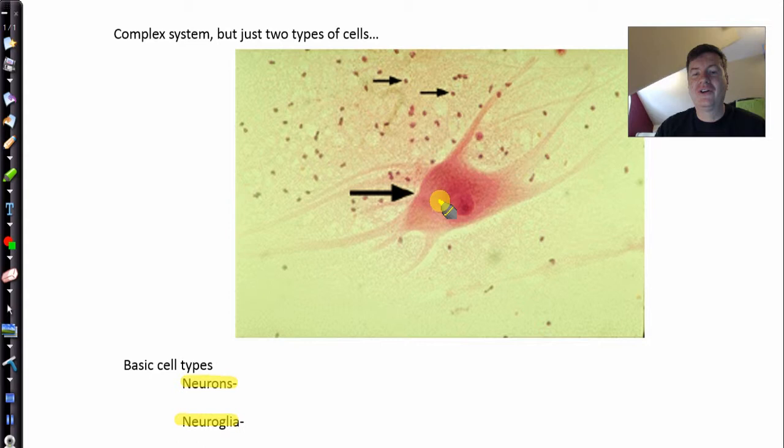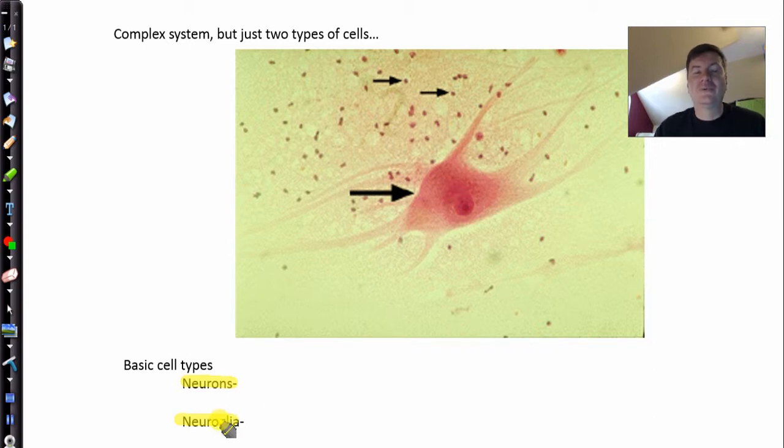And you see one here, this large one. These are the grandiose ones, the important ones to some people because they carry electrical information. They're the stars. And yes, they are important, and they do indeed carry electrical information to and from parts of the body. But without neuroglial cells, they couldn't function.